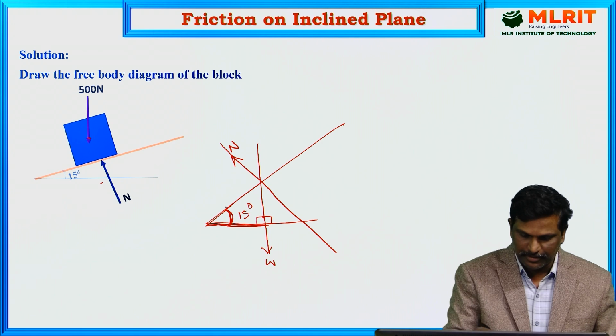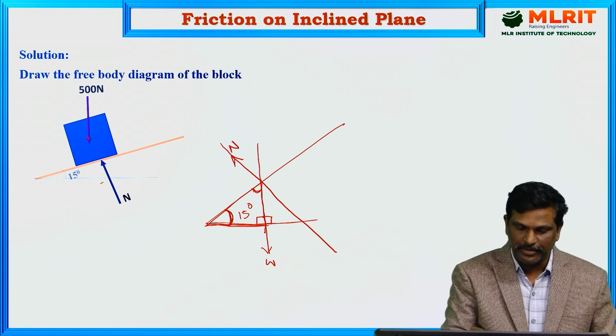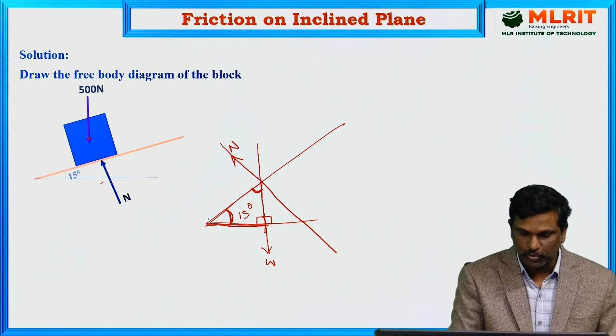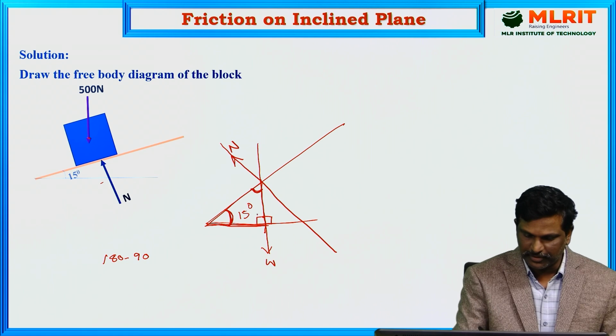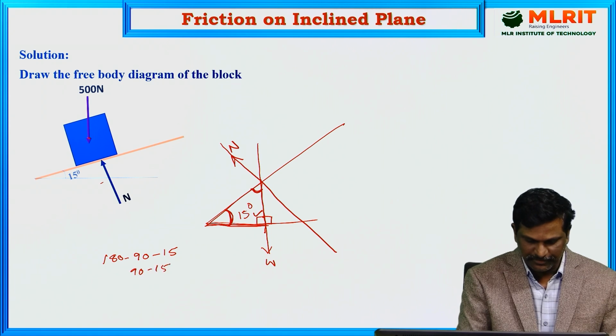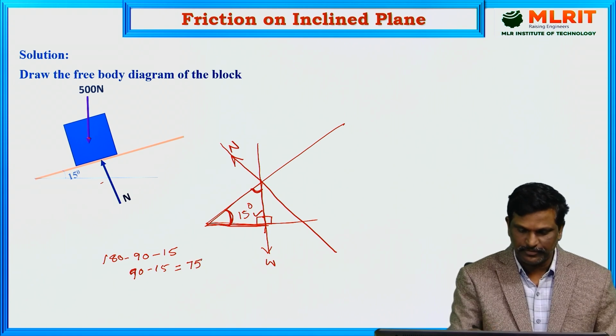From this triangle, we can find the angle of the plane with vertical. In a triangle the total angle is 180, so 180 minus 90 is 90, minus 15 is equal to 75. Here it is 75 degrees.